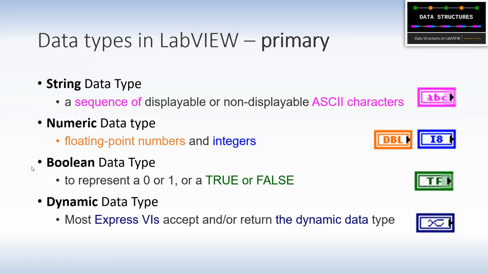Okay? So numeric data type. Okay, so you already know there are two types of data. You have seen the different colors, like one is orange and one is blue. Okay, so orange type of data is floating point data, which includes decimal points. For example, 1.2, 1.3, 1.5. So those types of data come under floating point numbers.